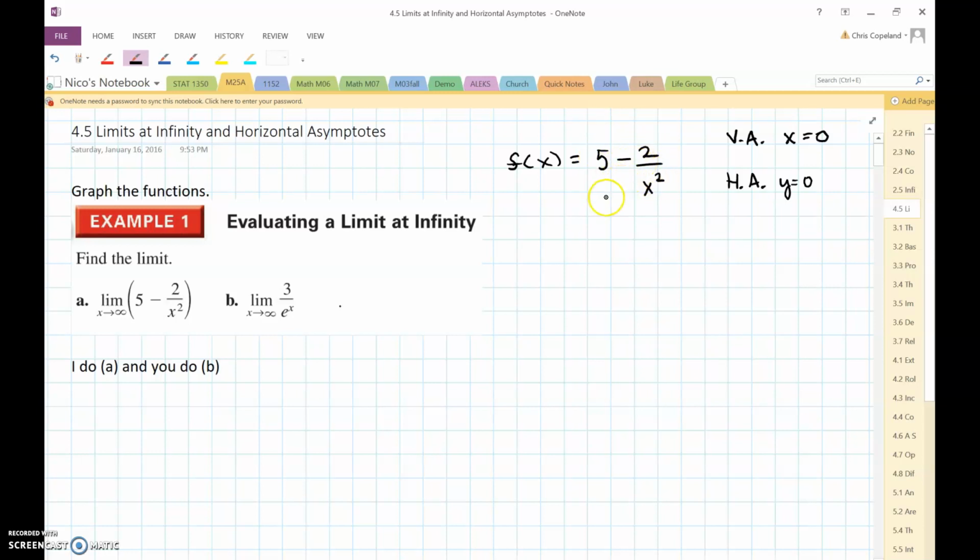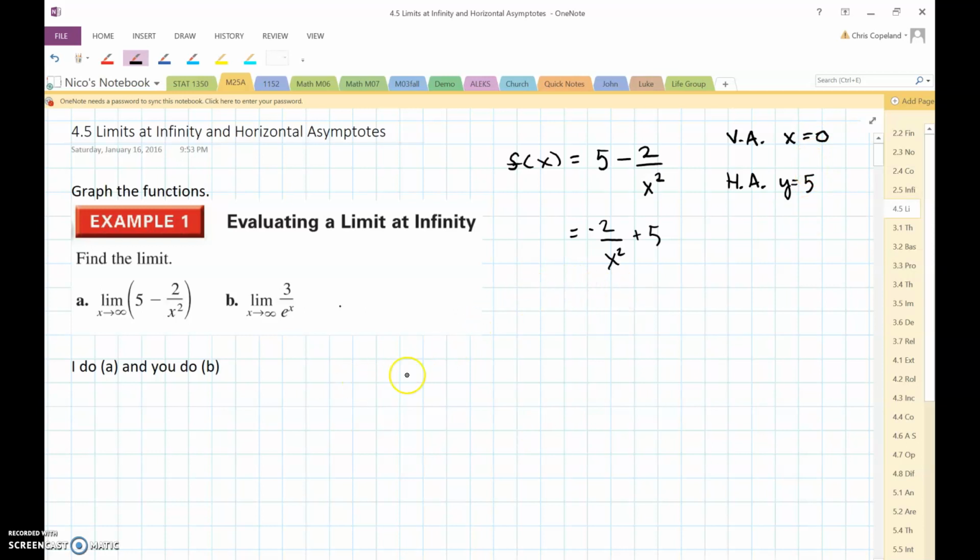You can think of it this way: negative 2 over x squared plus 5. So that's going to shift the whole graph up 5 units, which would shift the horizontal asymptote up 5 units as well. The vertical asymptote doesn't really shift anything, or it does shift it, but since it's vertical, you don't notice a change.